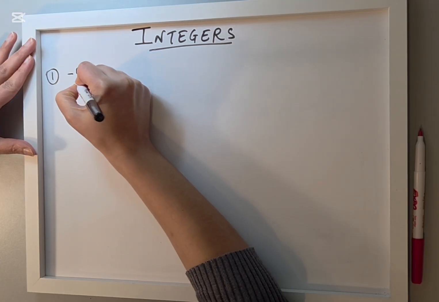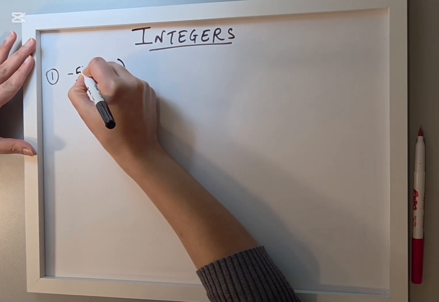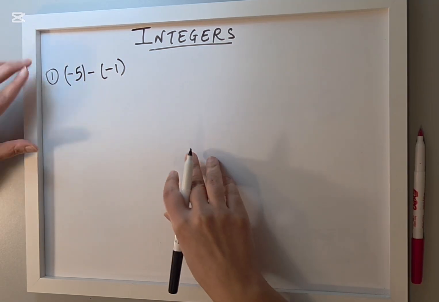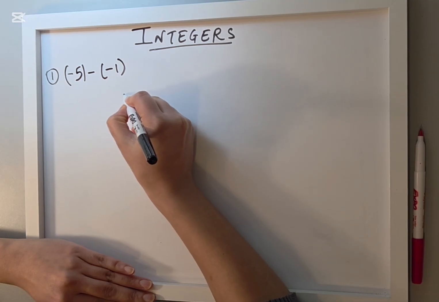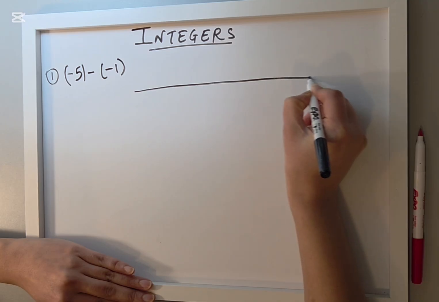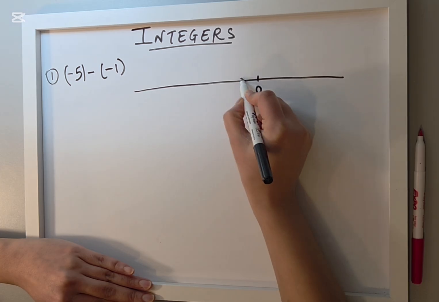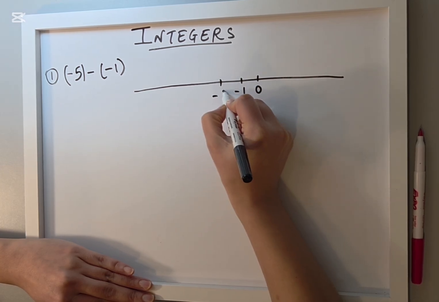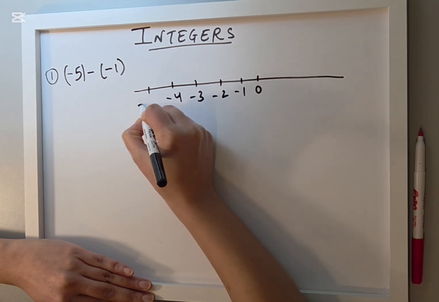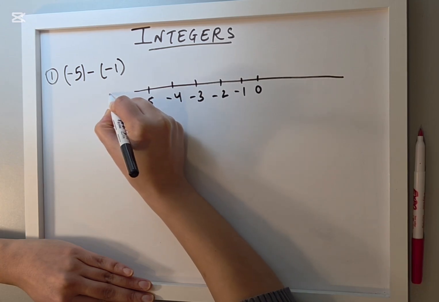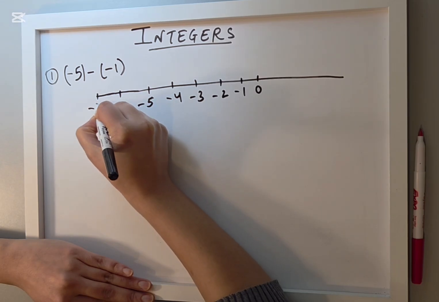So we have minus 5 minus minus 1. Okay, so let's try to do it with the number line first. We start here: 0, minus 1, minus 2, minus 3, minus 4, minus 5, minus 6 and minus 7.